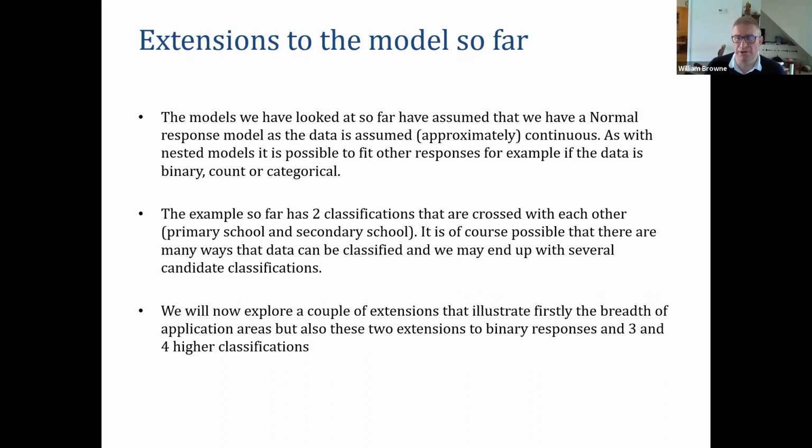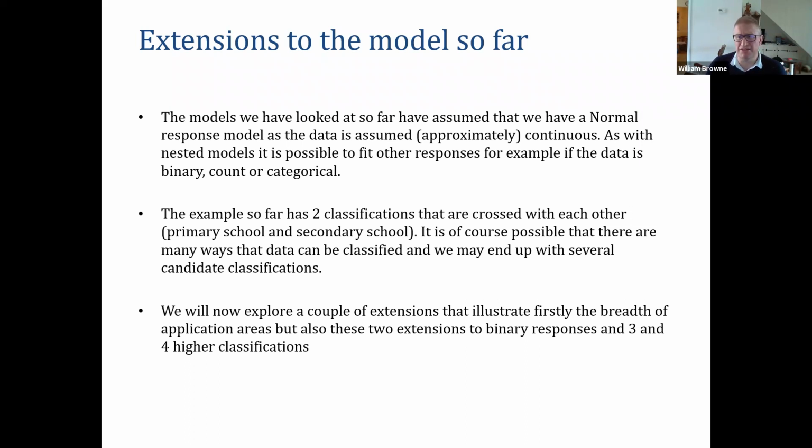Data doesn't all come as continuous data or can be transformed into continuous data. Often data will be binary, it might be a count, or it could be a category. And we're going to focus here in these 2 examples on binary data, and we will have some more continuous data in the second example.